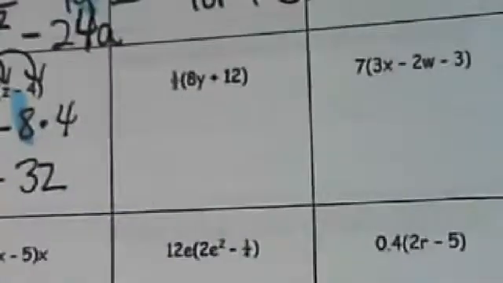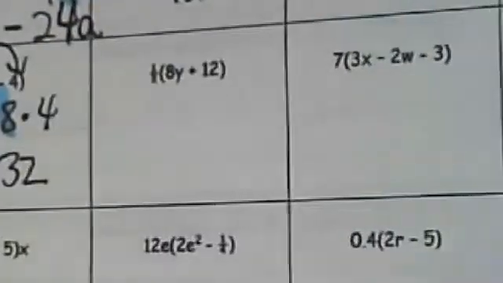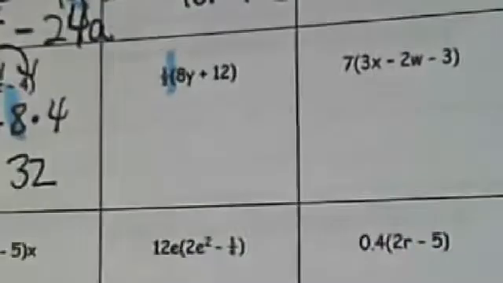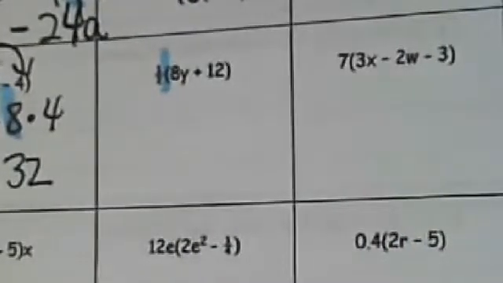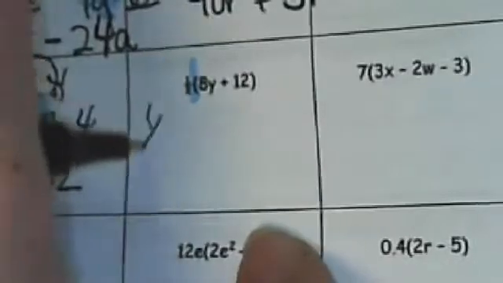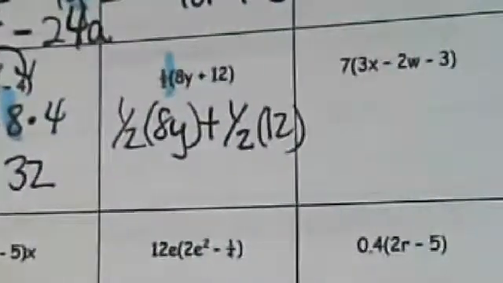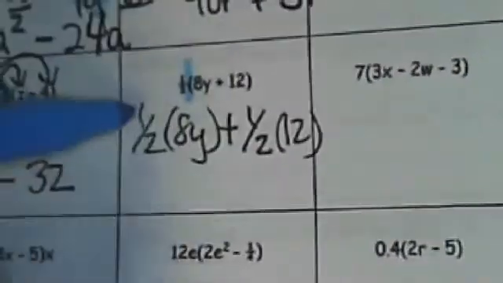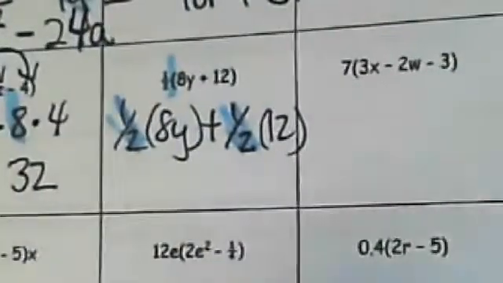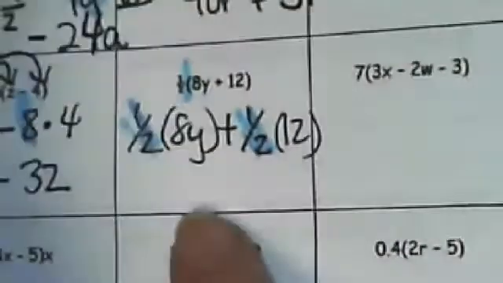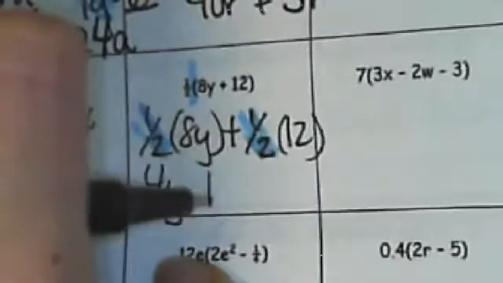This one is 1/2. So I'm going to take 1/2 times 8y plus 1/2 times 12. 1/2 is being distributed. So 1/2 of 8 is 4, that's 4y. And 1/2 of 12 is 6.